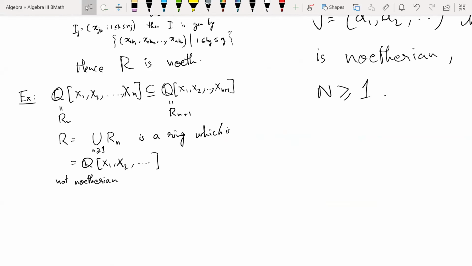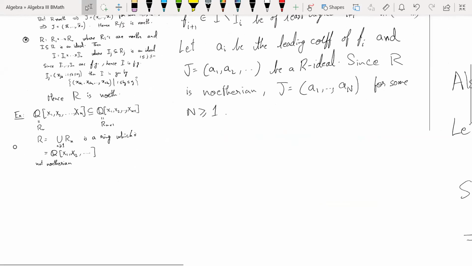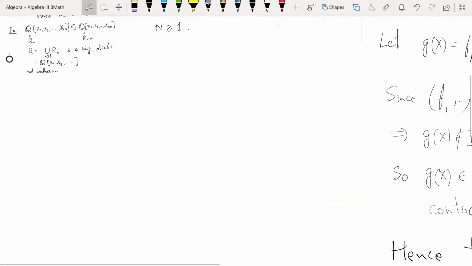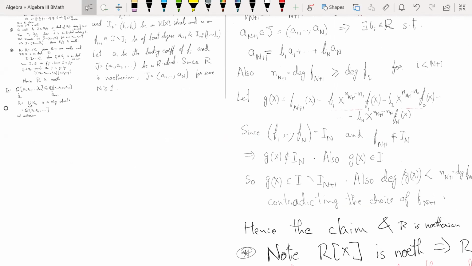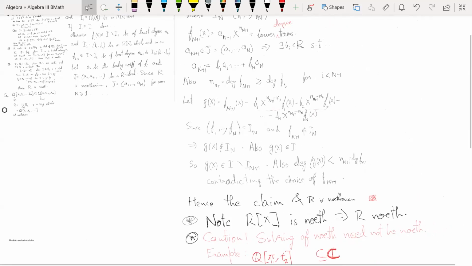Since R is an integral domain, you can write down its fraction field, and R will be contained in the fraction field. So R is not Noetherian, but fields are Noetherian. So subrings have no hope of being Noetherian in general, because you can always make a big field and so on.